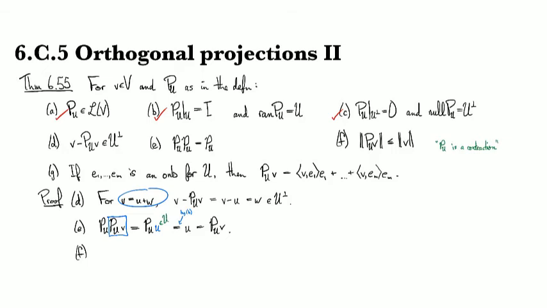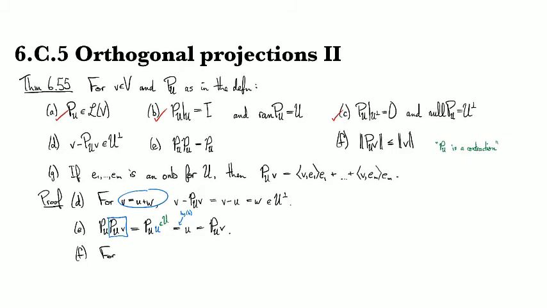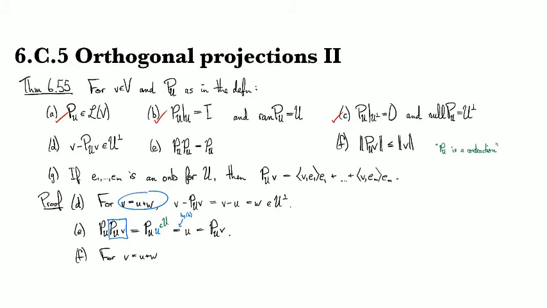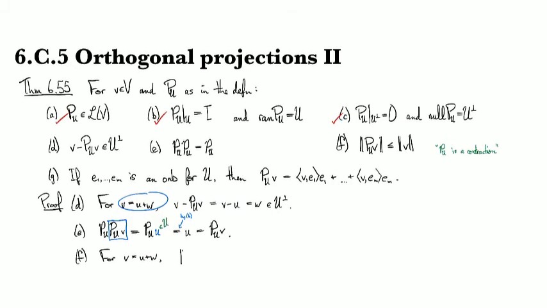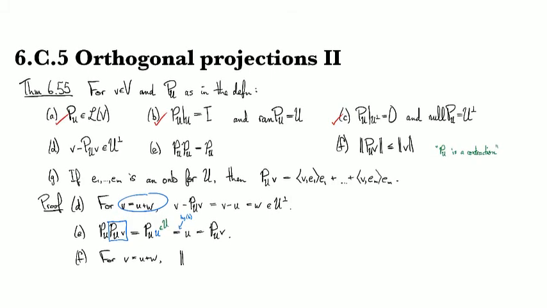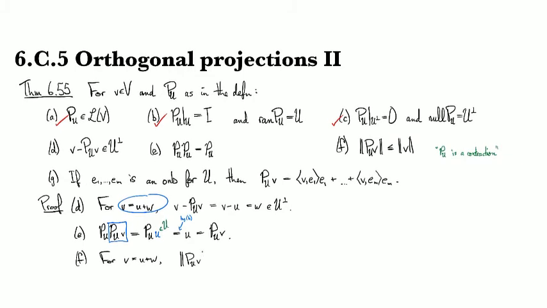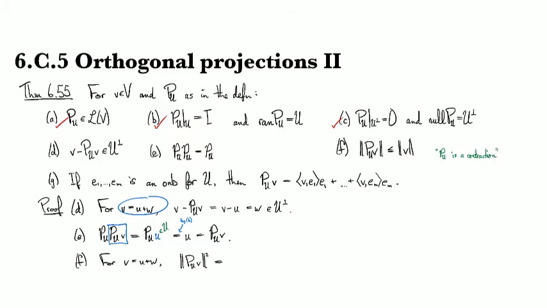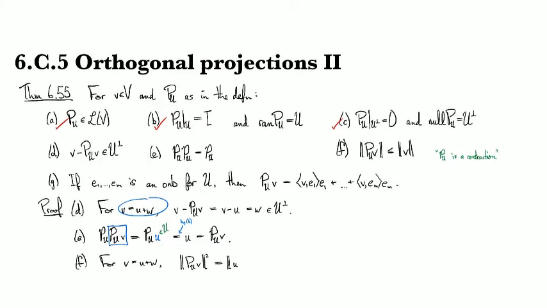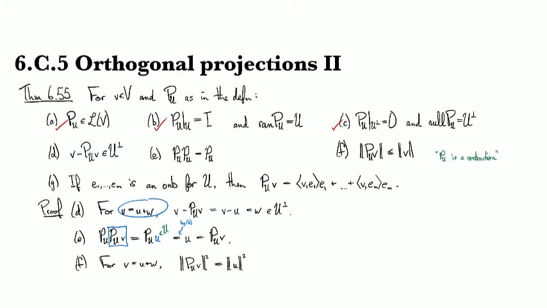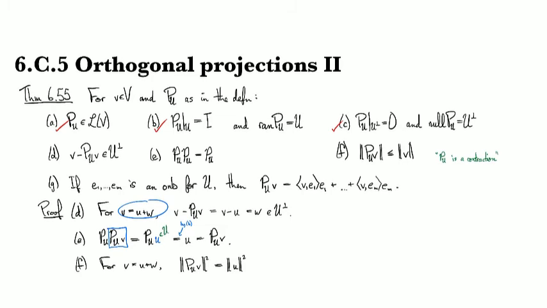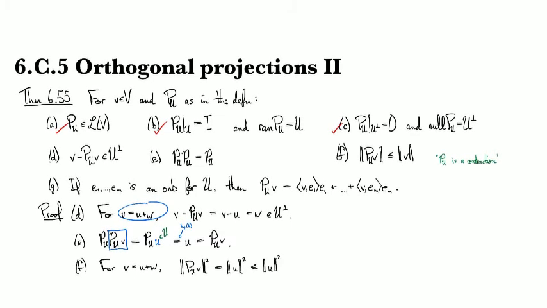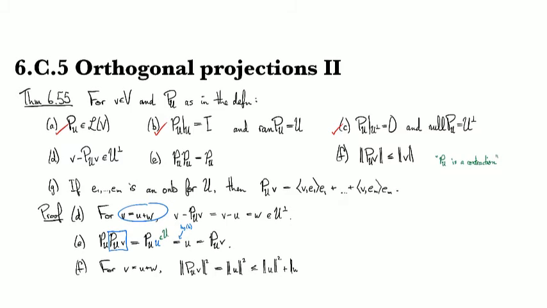Then, let's see. Again, for V broken down according to the decomposition, if we look at the magnitude of PUV squared, then the magnitude of PU of V is just U. So we've got this one. And now if I take this number and I add a non-negative thing, it can only get bigger. So here's the non-negative thing I'm going to add.